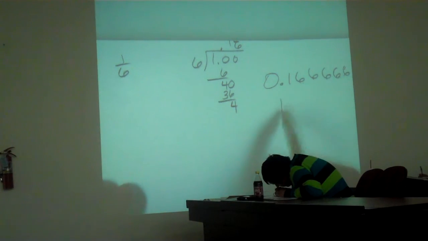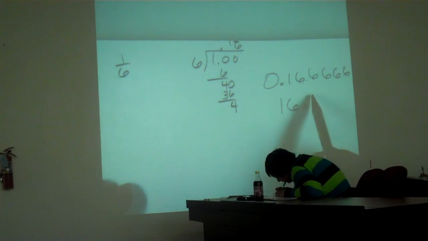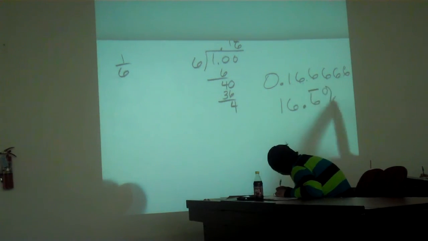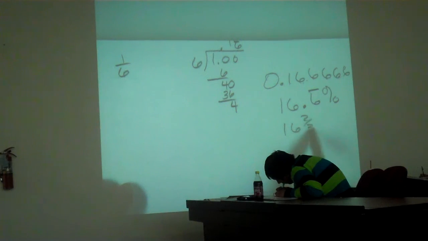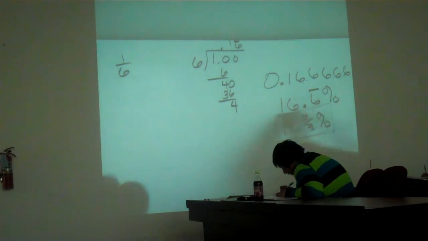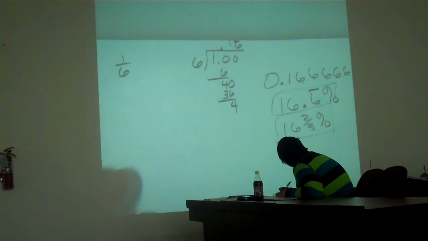So you have 16 point, repeating 6. So you could put the repeating 6 or put 16 and 2/3%, right? You can do it either way. The repeating 6 is 2/3.